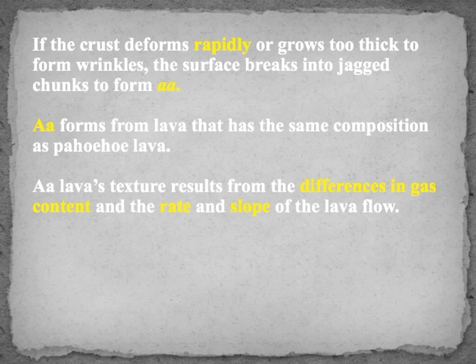The other way that the lava can cool is that if it starts deforming rapidly, starts bending, or gets really, really thick, it forms a bunch of wrinkles and jagged chunks, jagged cracks, and that is called a'a.